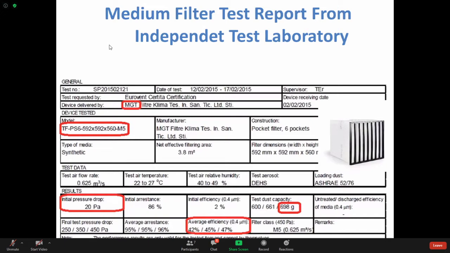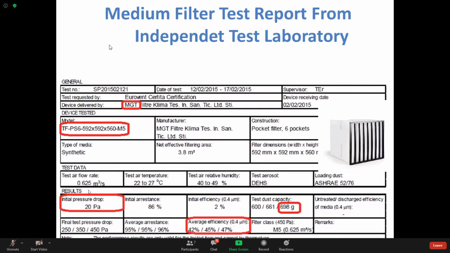Another test report is for the bag filter, which is a rigid type bag filter. Here, the most critical points: the media type, which is synthetic, and the initial pressure drop was 20 Pascal.